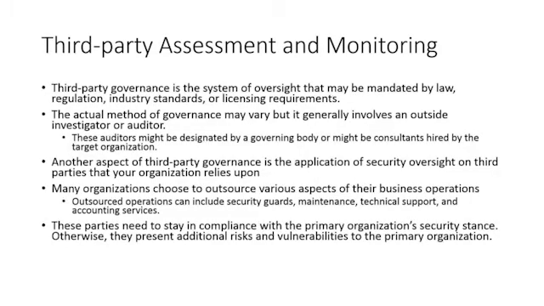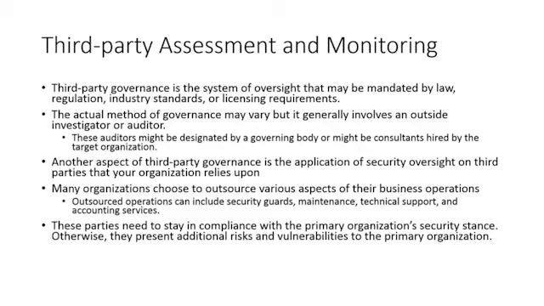So that leads into the third-party assessment and monitoring. Third-party governance is the system of oversight that may be mandated by law, regulation, industry standards, or different licensing requirements. Now, the actual method of governance may vary, but it generally involves an outside investigator or an outside auditor.